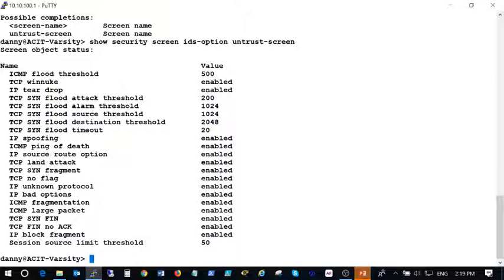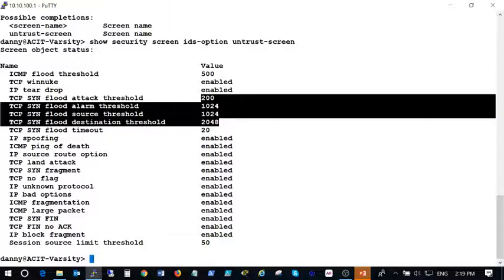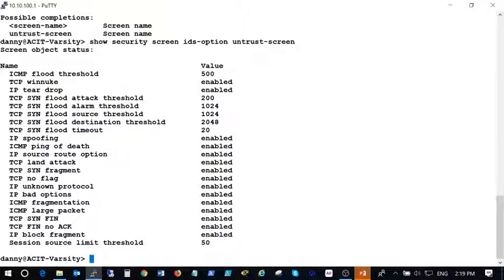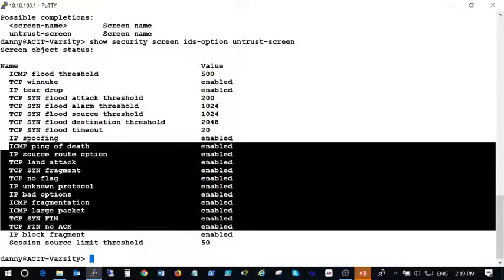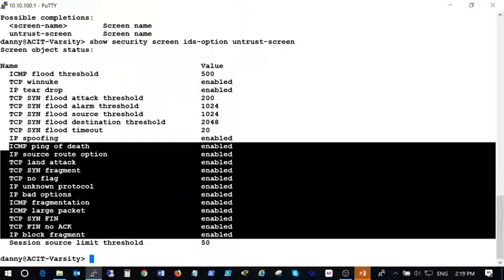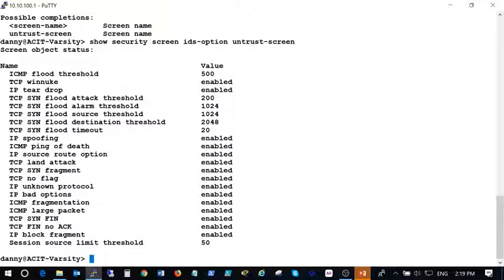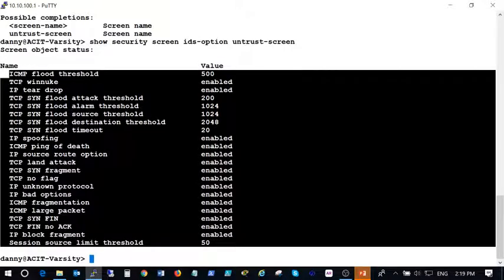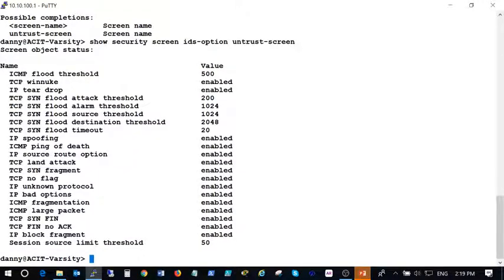WinNuke is enabled, teardrop is enabled. These TCP SYN flood attacks are all enabled. There are the thresholds that we've set, and all these other things are enabled. And our source session limit threshold is set at 50. So this is what's running on this particular firewall.